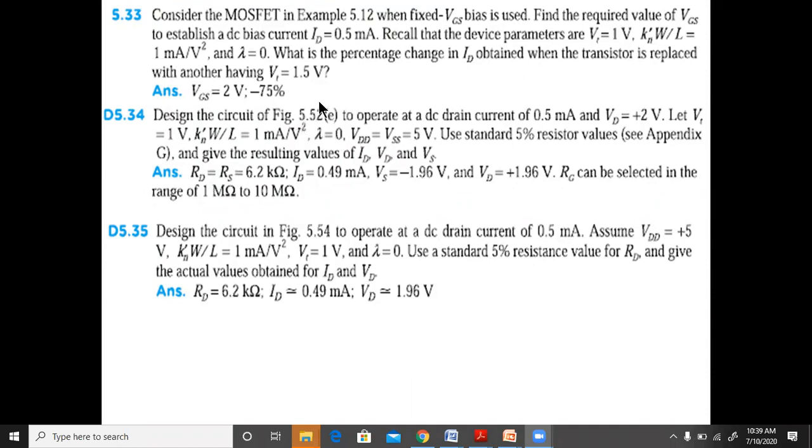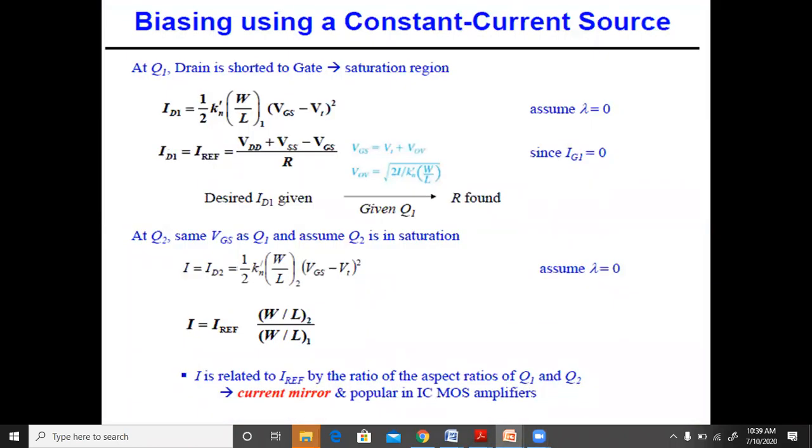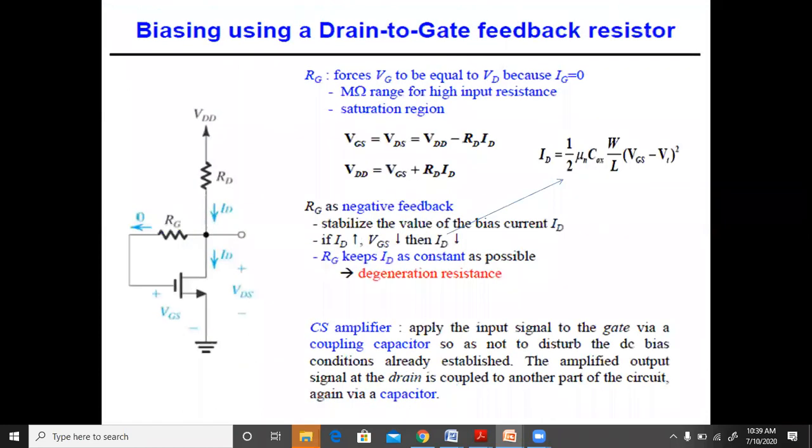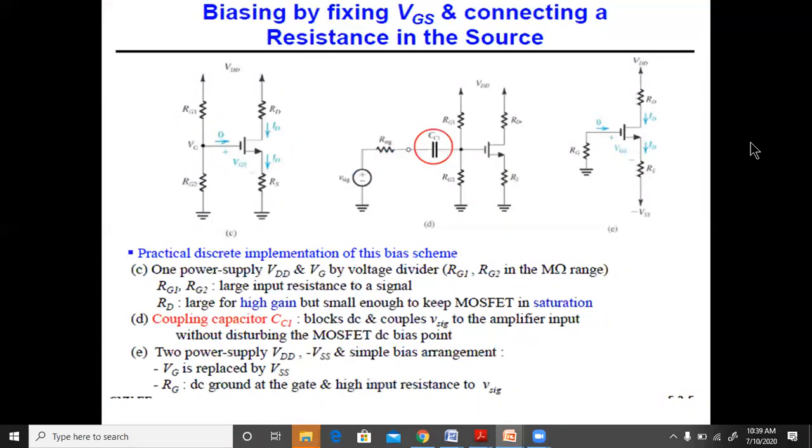He's talking about E over here. E is the circuit with two power supplies.